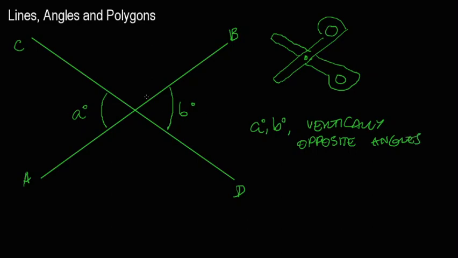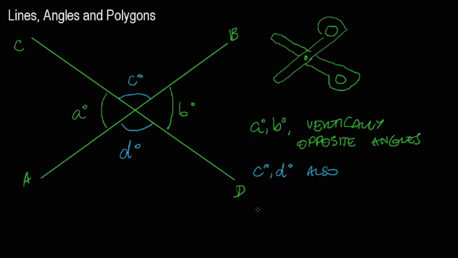And even if I had angle C here and another angle D down below, C and D are also vertically opposite angles. But notice that those are in pairs. Alright, so C is vertically opposite to D and A is vertically opposite to B, but they are not vertically opposite. For example, A and C, they are not.